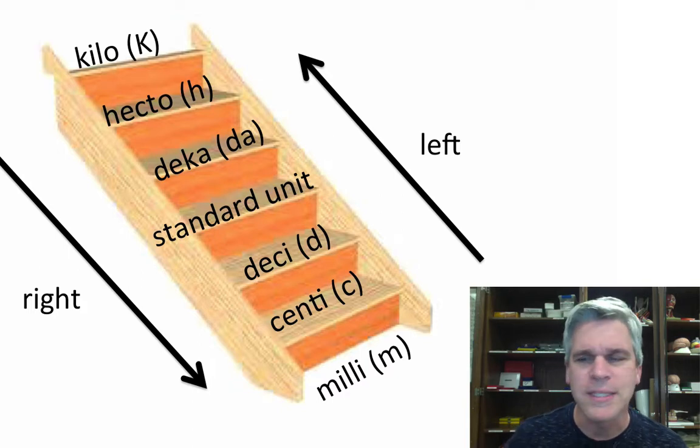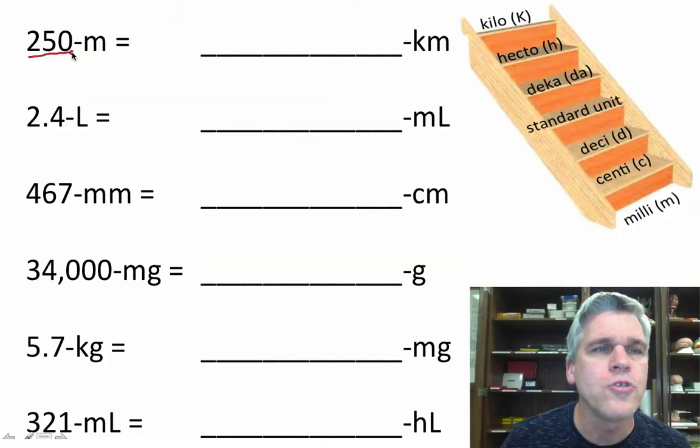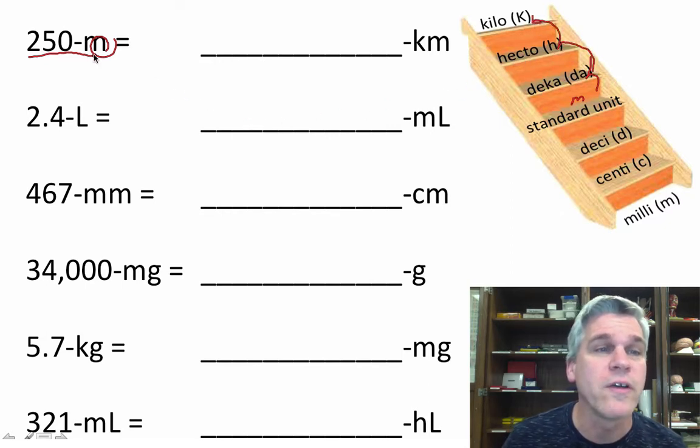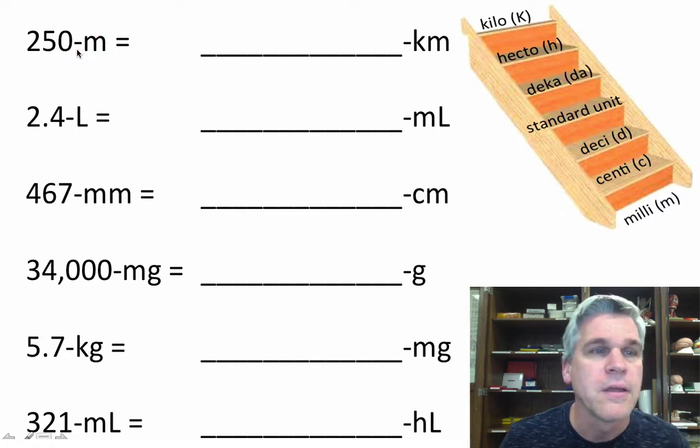So let's do a couple examples of this. So we have 250 meters. Meters is our starting point. That is our standard unit. We're going up to kilometers. So we're going up 1, 2, 3 spaces, which means we're going to move our decimal point 3 spaces to the left.